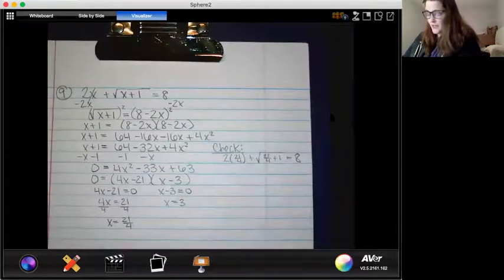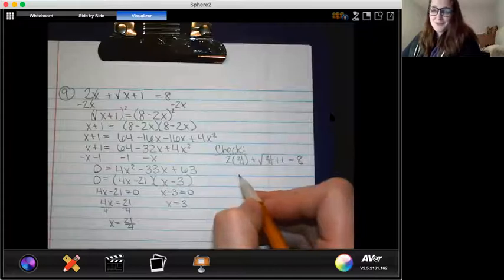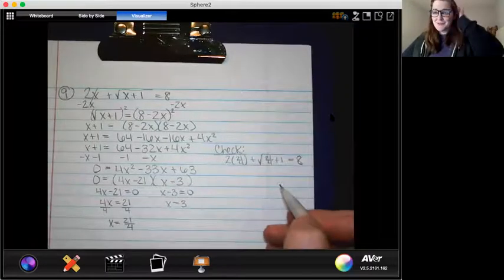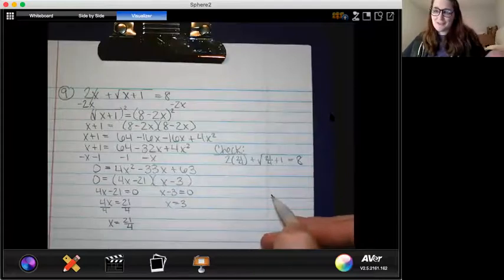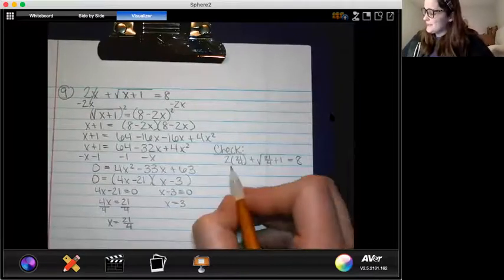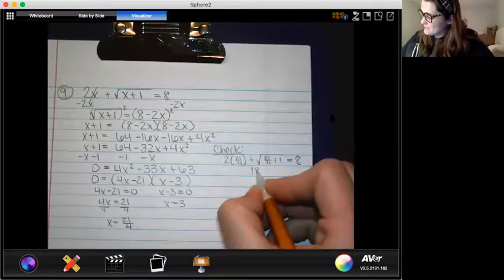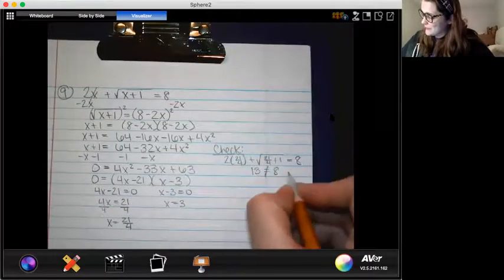And if you use your calculator, or if you use the calculator in your brain, no judgment at this point. Sometimes you just don't have the energy to try and do it mentally, because at the end of the day, sometimes it's going to just be faster in the calculator. Okay, you should get 13, which is not equal to 8.